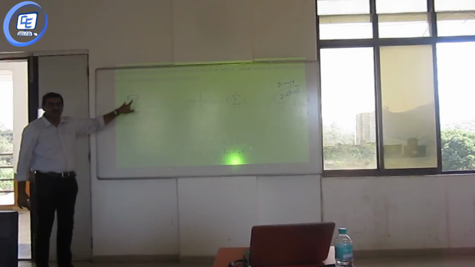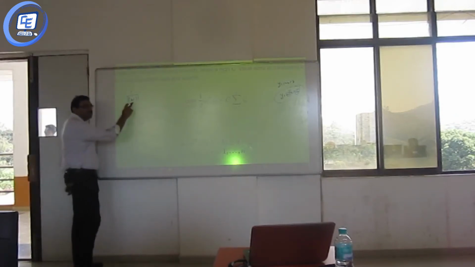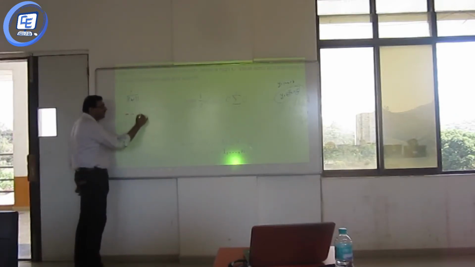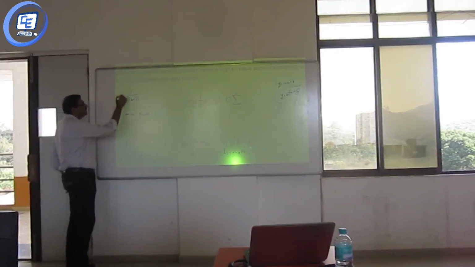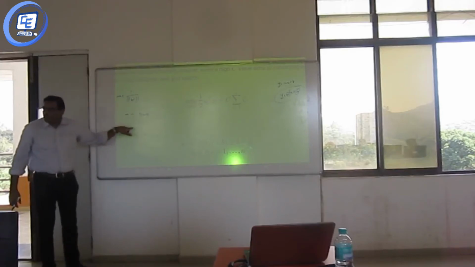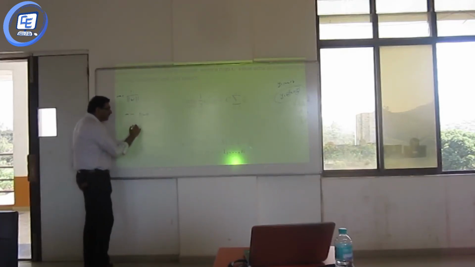W is the weight vector, this is the L2 norm. The Euclidean distance of W. So we want to maximize this. Maximizing this is equivalent to minimizing this. And minimizing this is equivalent to minimizing W transpose W half.